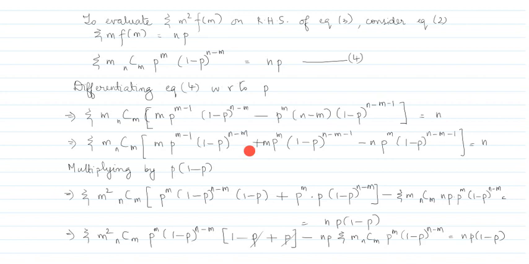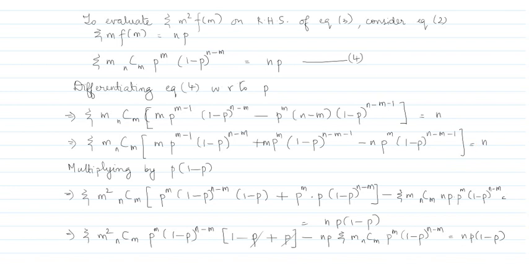Now again doing some rearrangements in the terms. First term remains as such, and here you have an n minus m. You open that bracket and you have a term containing plus m p raised to m, then the remaining part 1 minus p raised to n minus m minus 1, and then you have a minus n times the same things, bracket close, and this is equal to n.